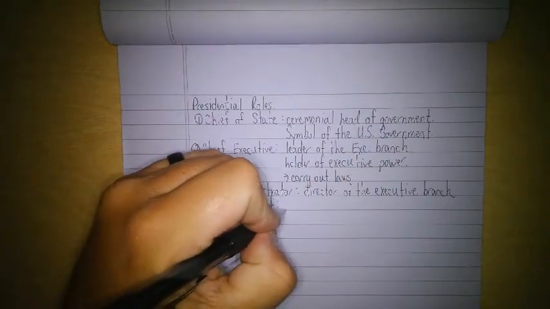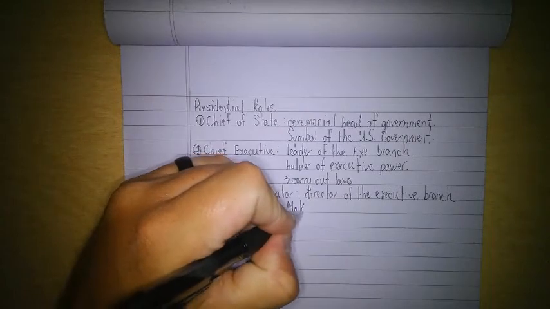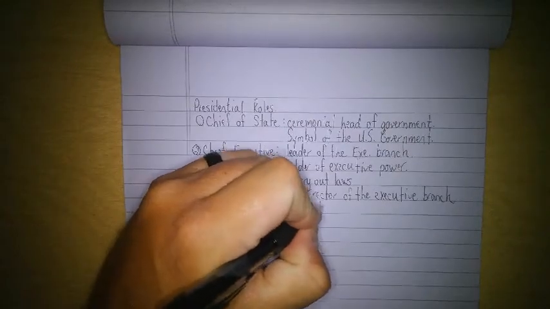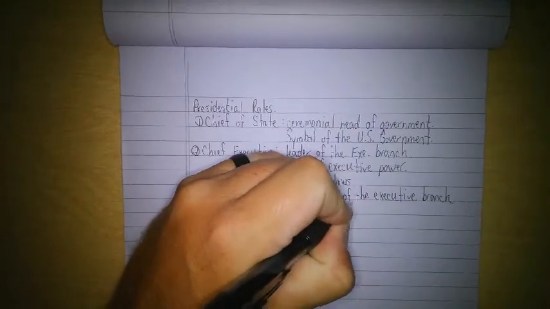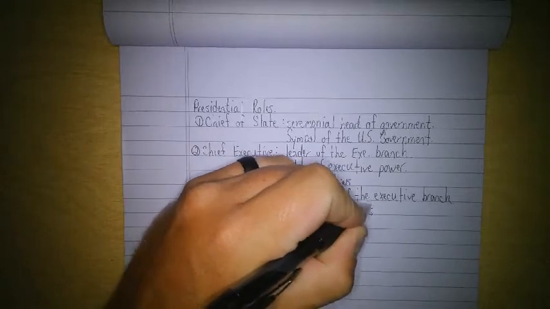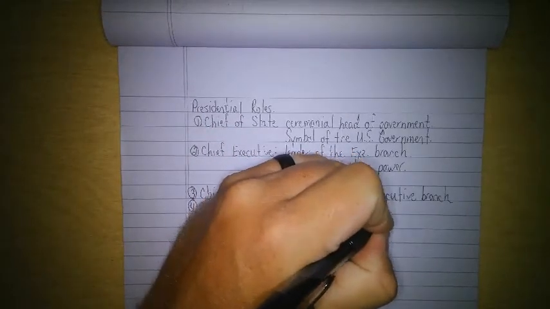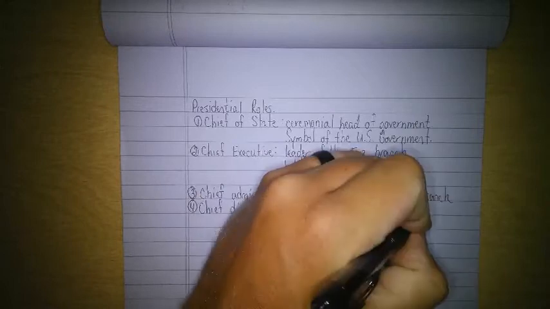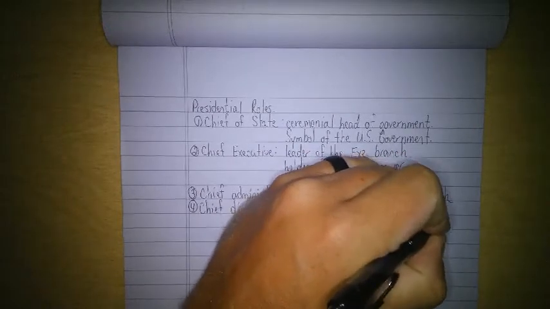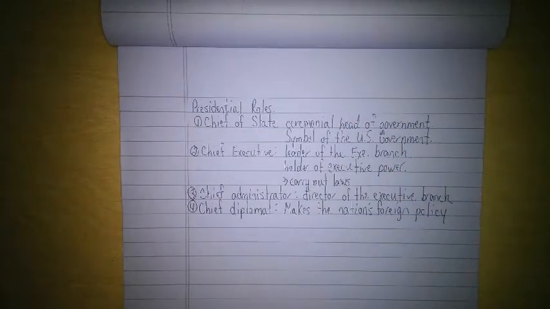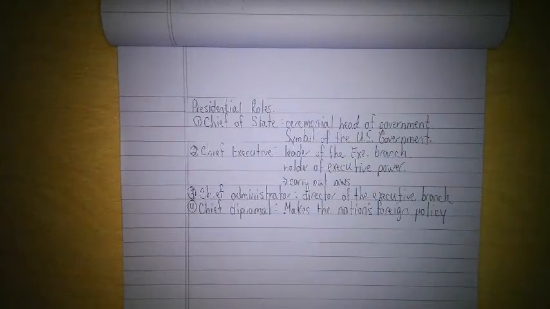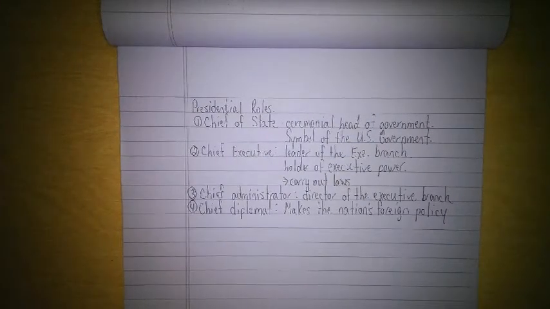So just write down that he makes the nation's foreign policy. And then which one would that be? That would be letter E, determines foreign policy.